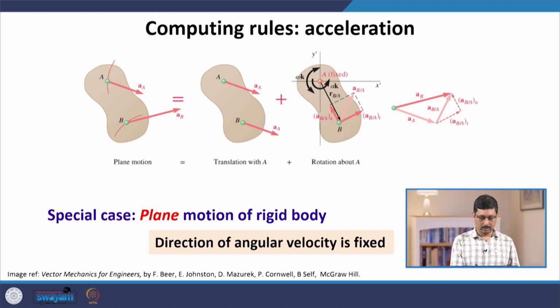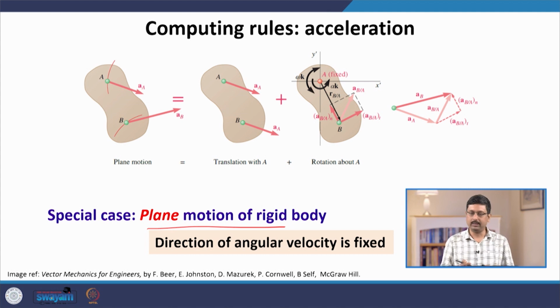Again, for simplicity, we are considering a situation in which the axis of rotation is fixed. So this is a plane motion, and the direction of the angular velocity omega is not changing. In that case, the object can move with an acceleration; it does not need to move only with a constant velocity.